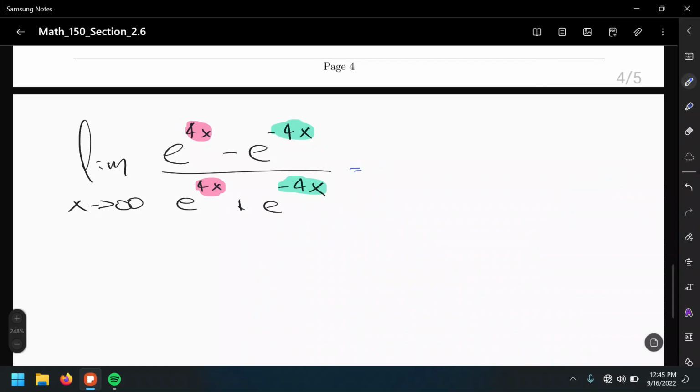Oh, by the way, e to the negative infinity, e to the infinity, this is going to give us the infinity over infinity indeterminate form.